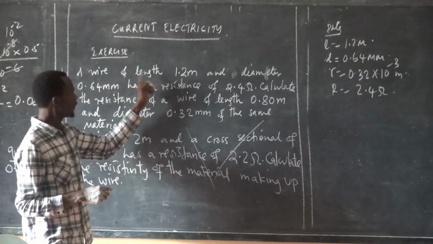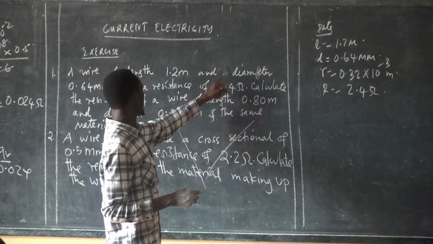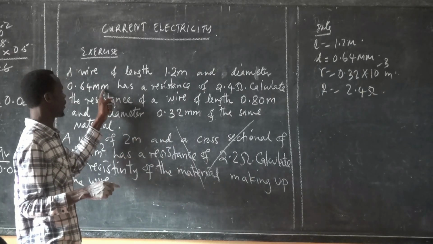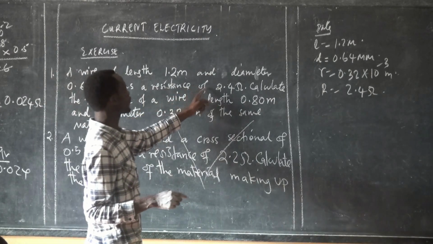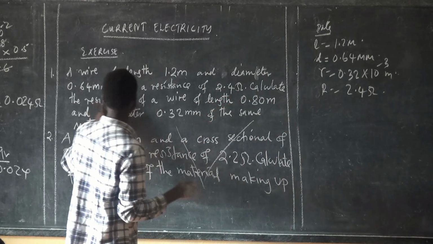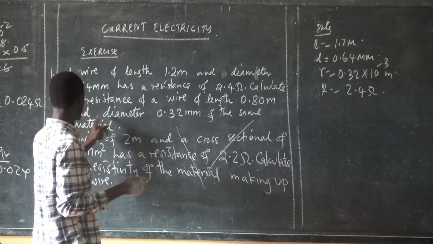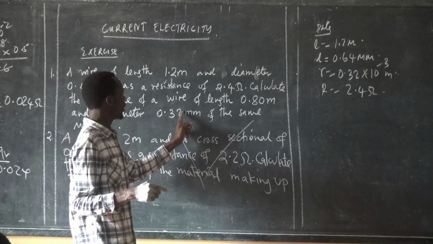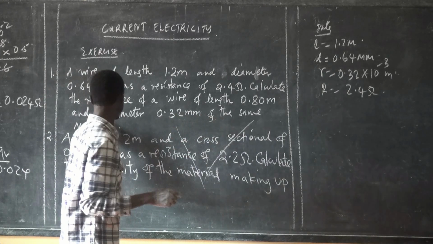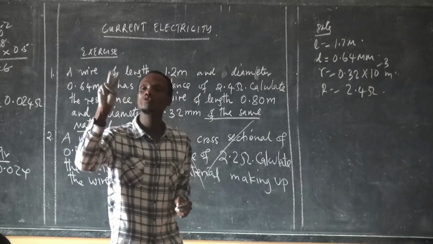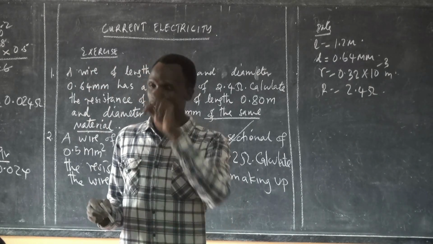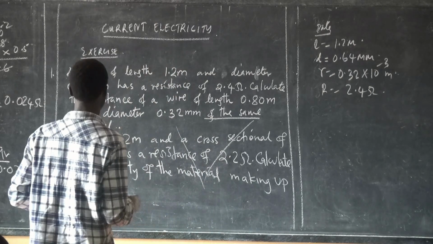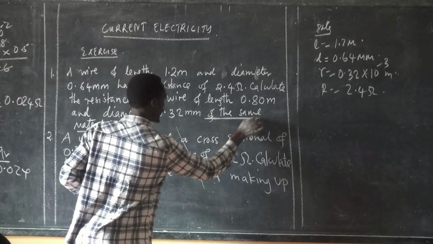A wire of length 1.2 meter and a diameter of 0.64 has a resistance of 2.4. Calculate the resistance of a wire of length 0.8 and a diameter of 0.32 millimeter of the same type. There were 2 wires. But what is interesting between those wires? Same material.